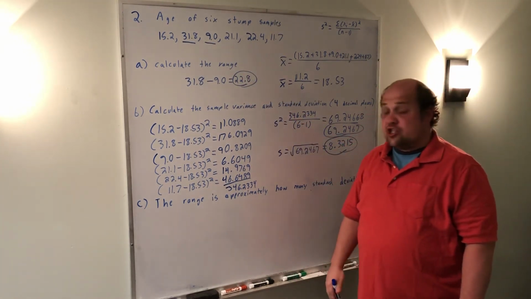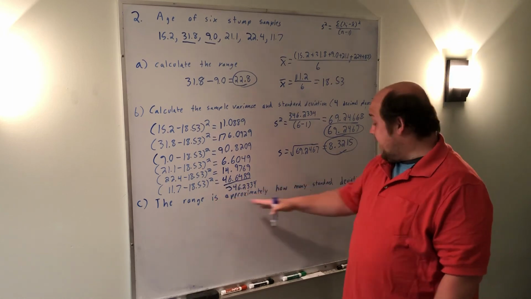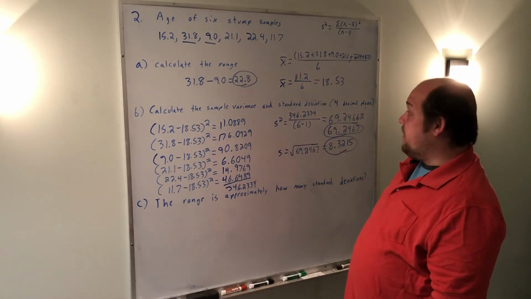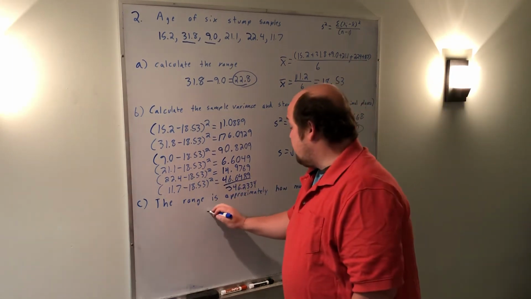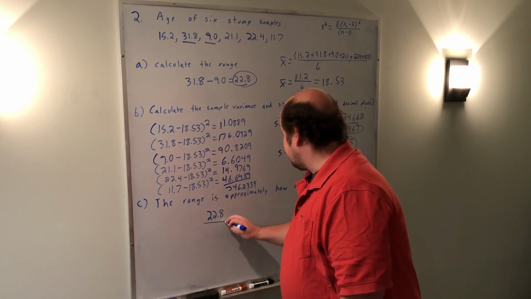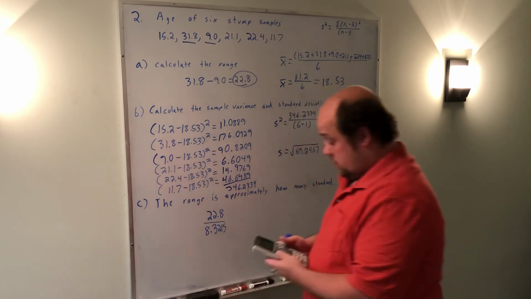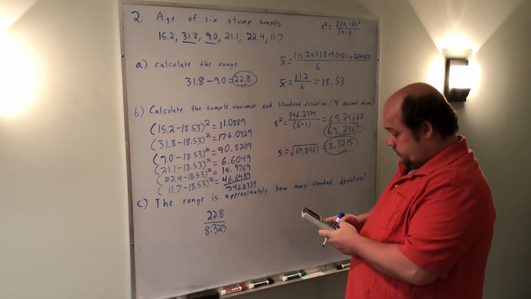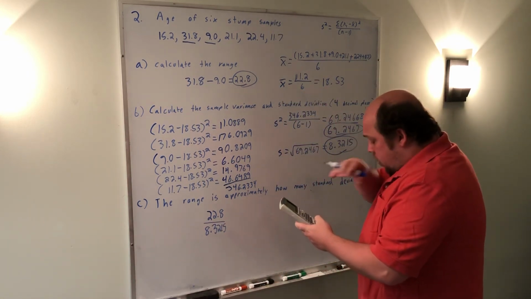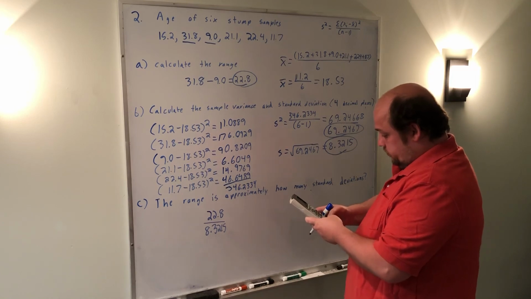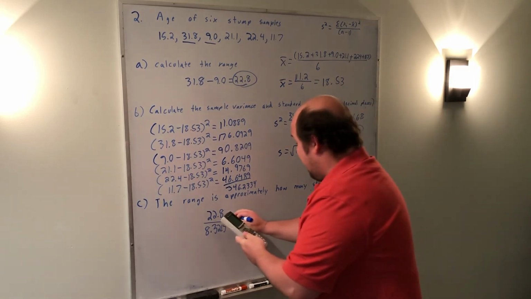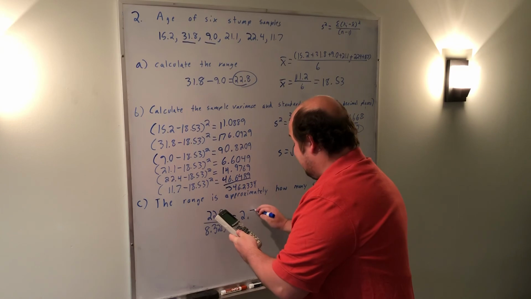The last part of the question just asked me to take the range and divide it by the standard deviation. If I take 22.8, divide it by 8.3215, my final answer is 2.74.